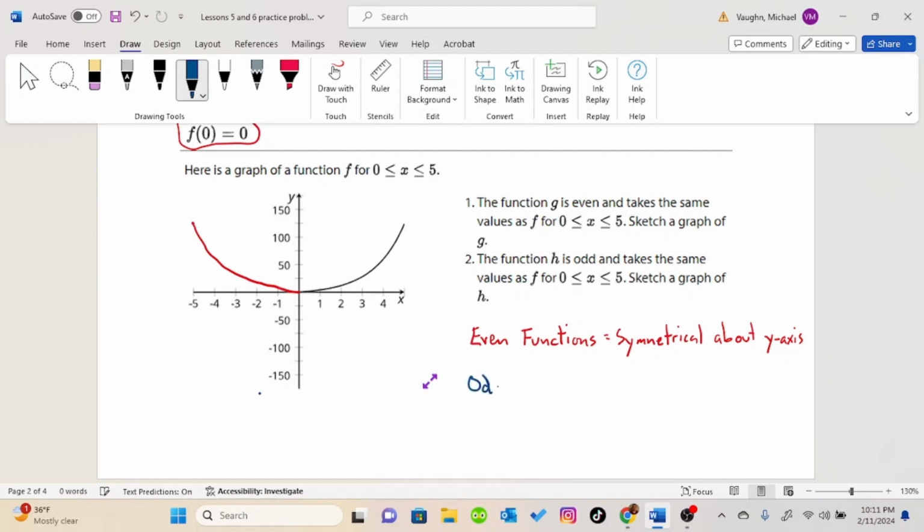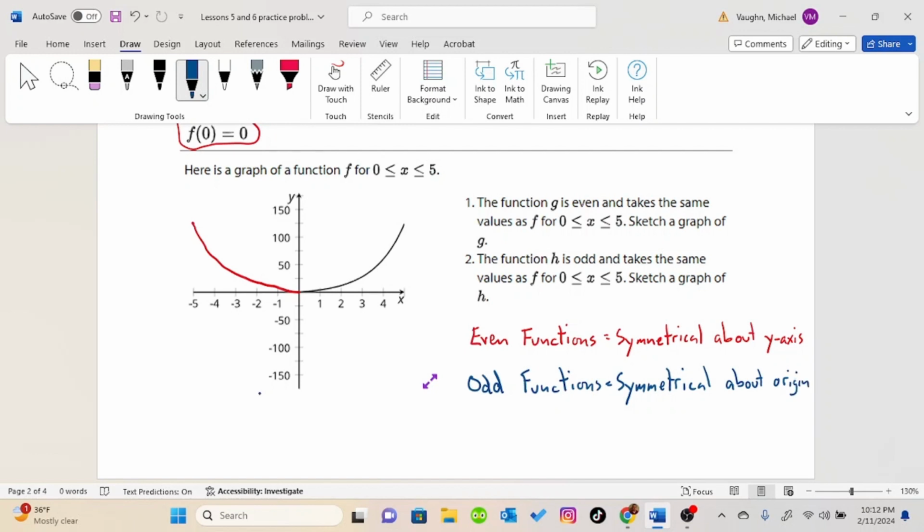Well, odd functions are symmetrical about the origin.